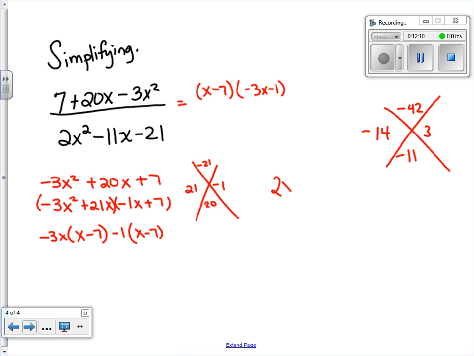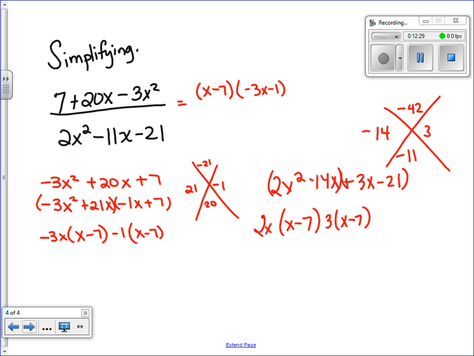So 2x squared minus 14x plus 3x minus 21. Take out a 2x and I'm left with x minus 7. Take out 3 and x minus 7.